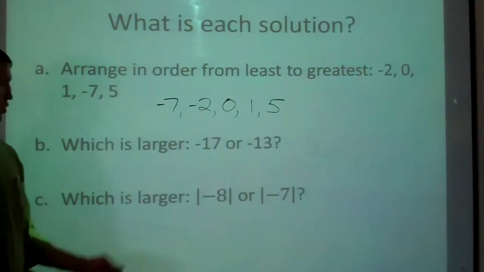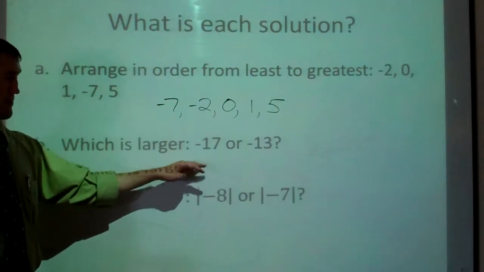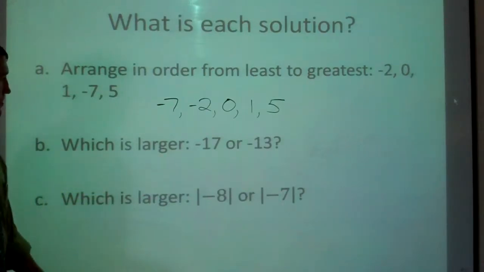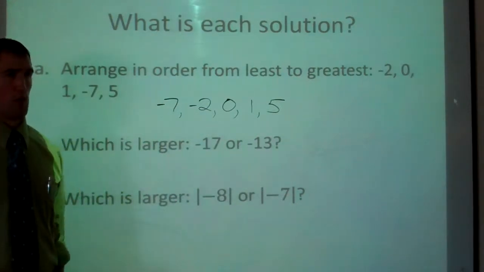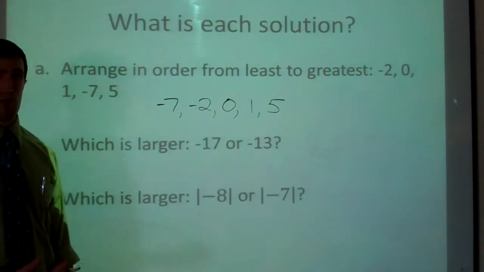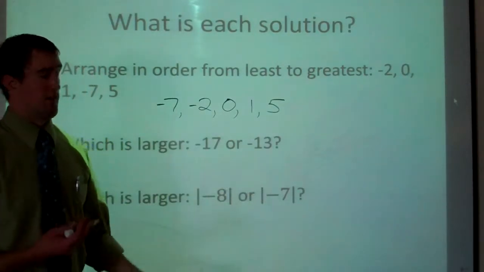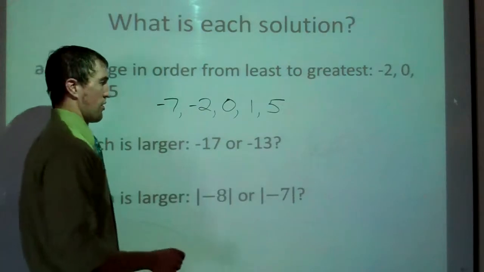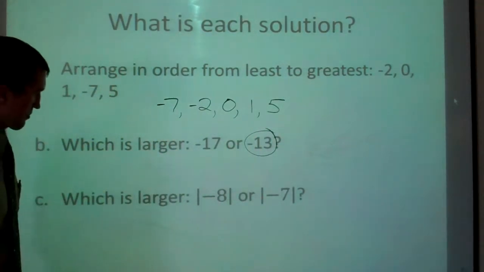Okay? Which one of these is larger? They are very close, but there is a definite larger answer. So, negative 17 or negative 13. Well, it might not be much warmer, but negative 13 is 4 degrees warmer than negative 17. So, this is the larger number of those two.